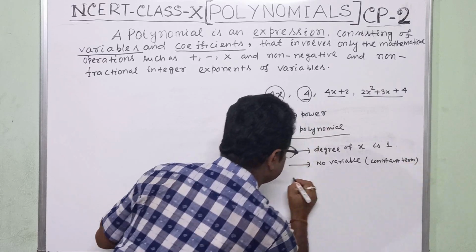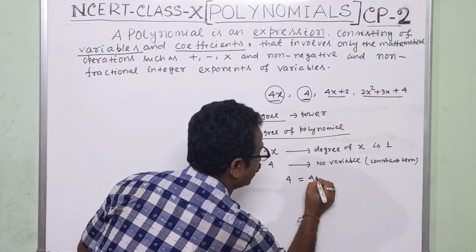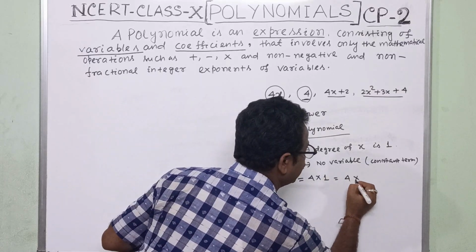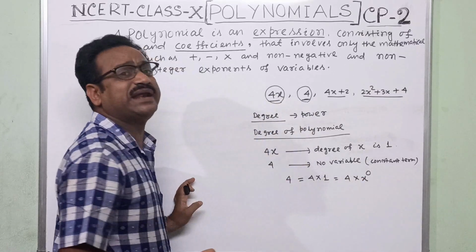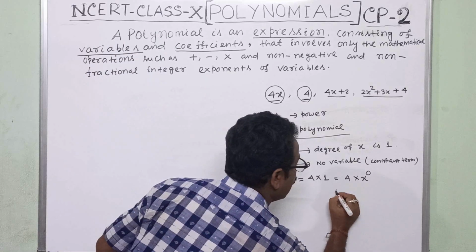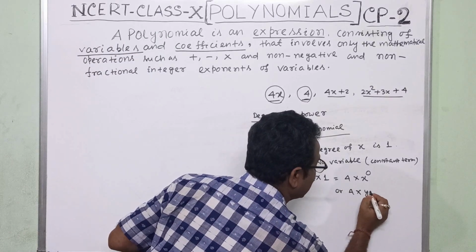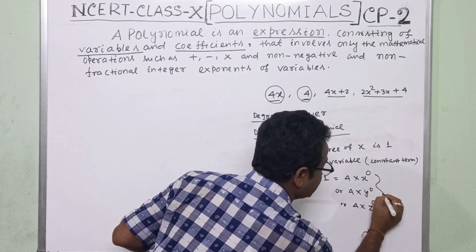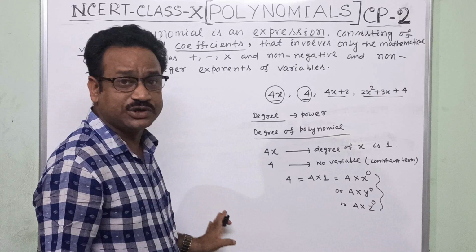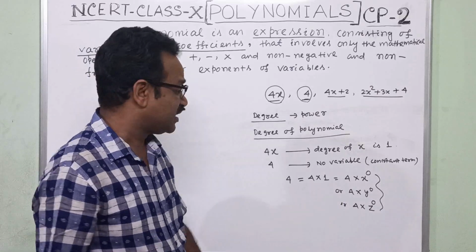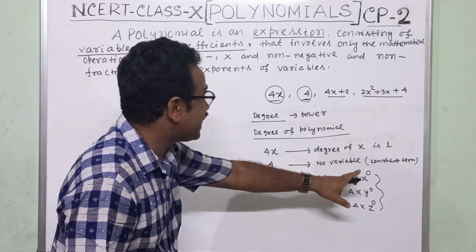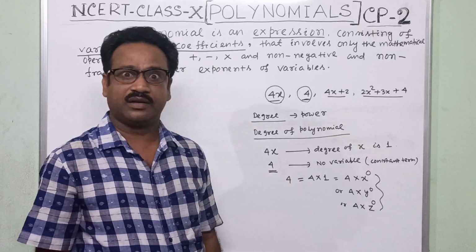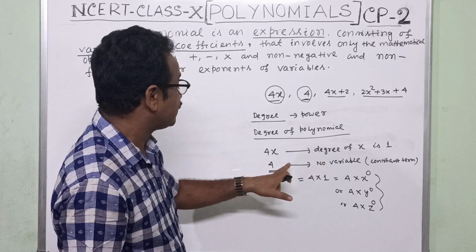But 4 is equal to 4 into 1, which is 4 into x to the power 0, or 4 into y to the power 0, or 4 into z to the power 0. Any variable to the power 0 is 1. So here 4 can be seen with a variable, but we call it a constant.